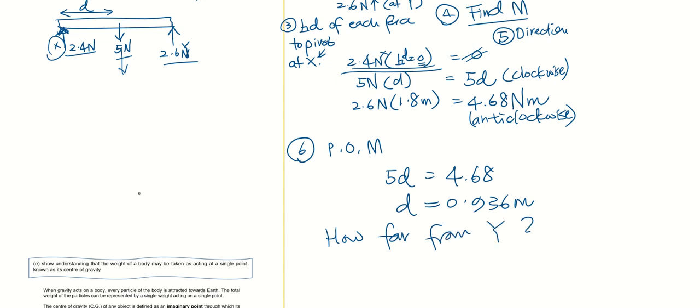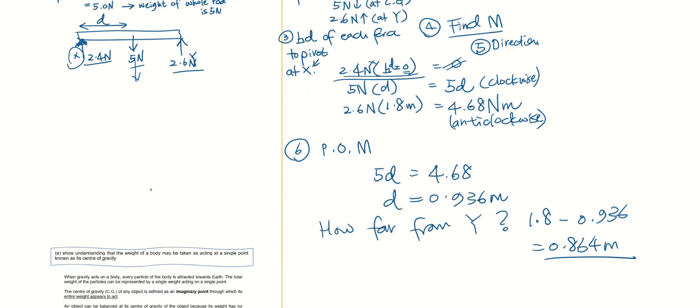I will take 1.8, which is the entire length, minus 0.936. I will get a value of 0.864. That means the center of gravity is actually nearer to Y than to X.